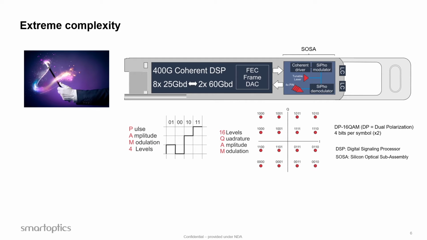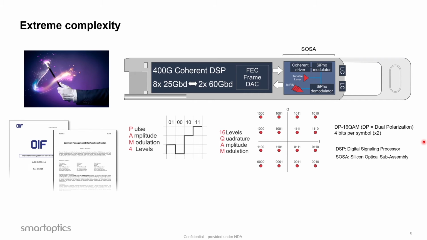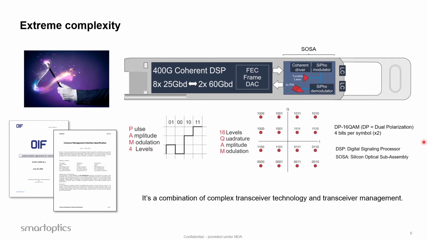What the optical line should look like is well specified, as I mentioned on the previous page, but also the configuration of those is well specified through the Common Management Interface Specification, CMIS.